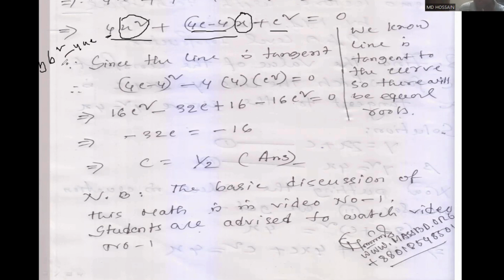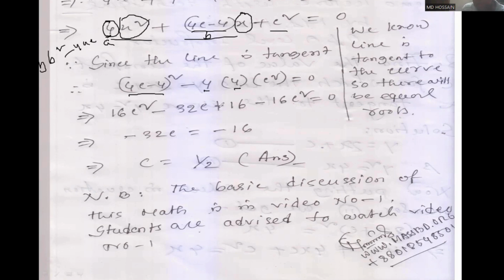b squared minus 4ac. So this one is b, this one is b, this one is a, this one is c. As per the formula, b squared means 4c minus 4 whole squared, minus 4a, and a means the coefficient of x squared, 4, and c squared, as there is no variable here. Now calculate: (4c minus 4) squared is 16c squared minus 32c plus 16, using the (a minus b) whole squared formula.